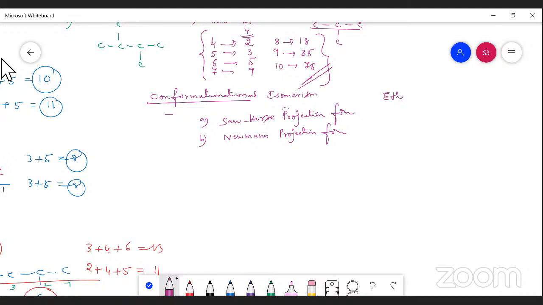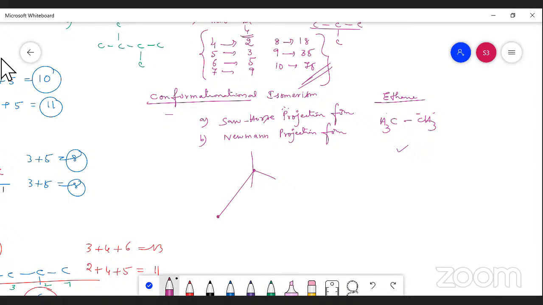What is the structure of ethane? Ethane has two carbons, CH3 bond CH3. If you see this ethane in this way, then in the Sawhorse projection form the bond will be inclined. Here one carbon and here another carbon, and each carbon has 3 hydrogens, which I am representing as 3 lines.